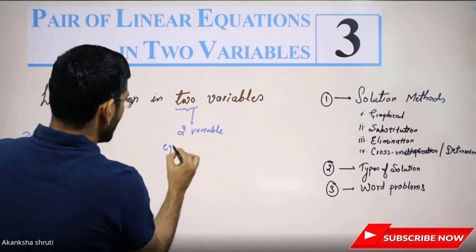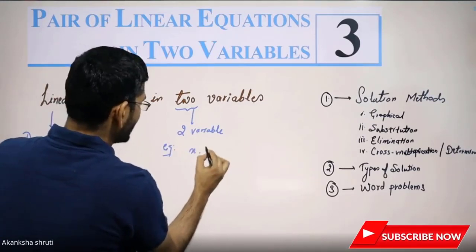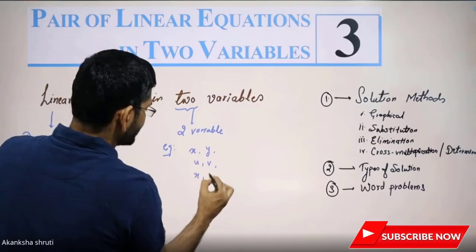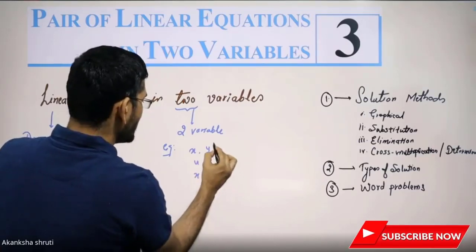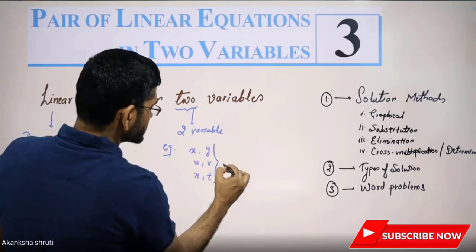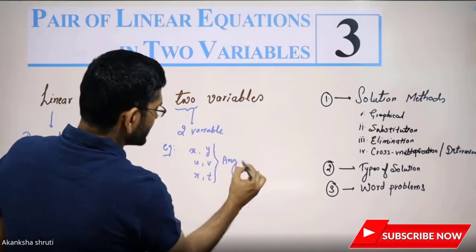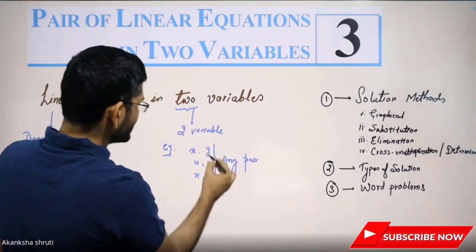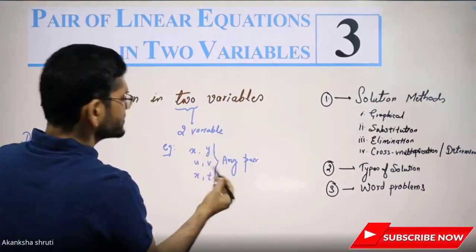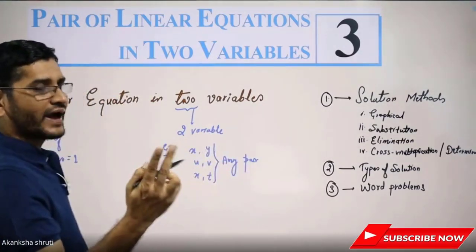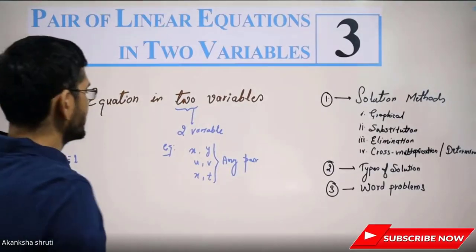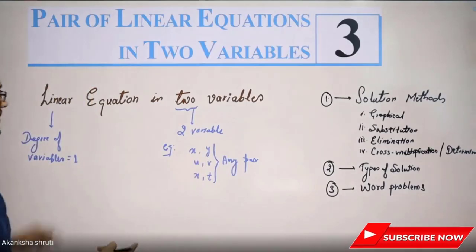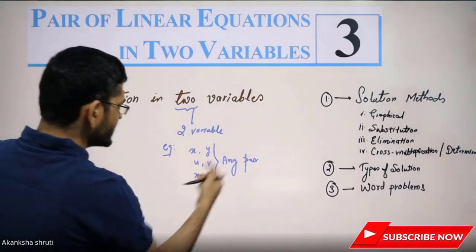Example, I may use x with y, or u with v, or x with t. So any of the two. Any two means any pair. I may use y with u, means only two variables we need to take, but the degree of each of these variables must be 1. So these are possible.